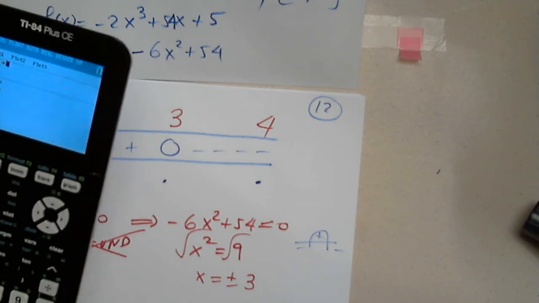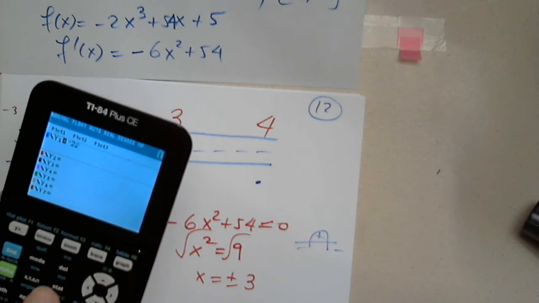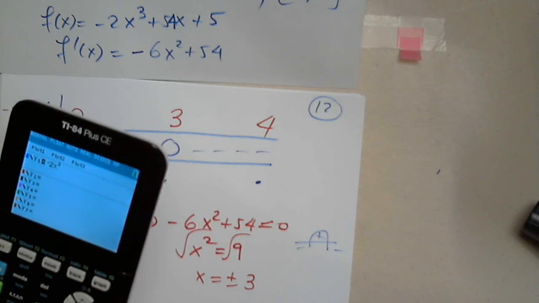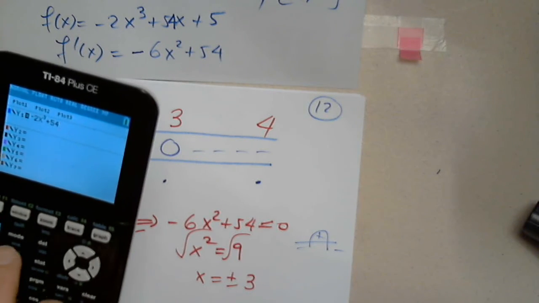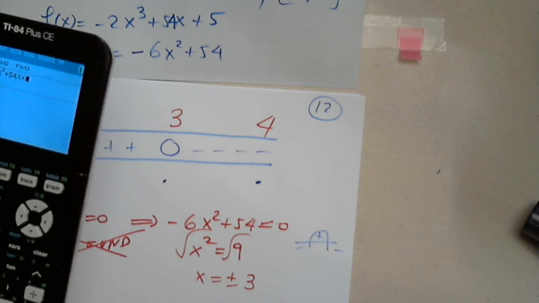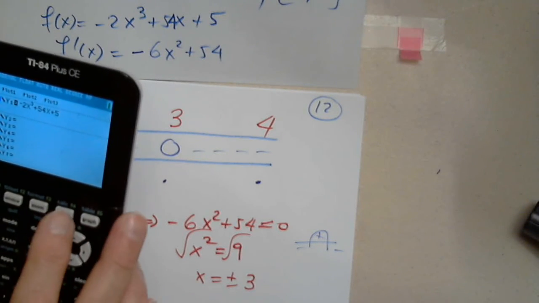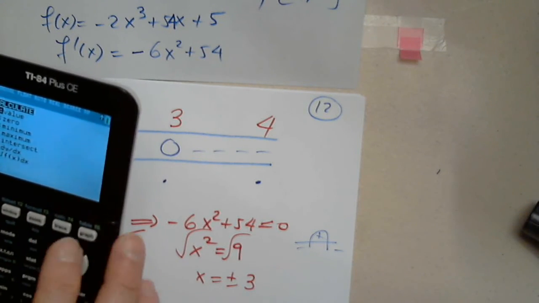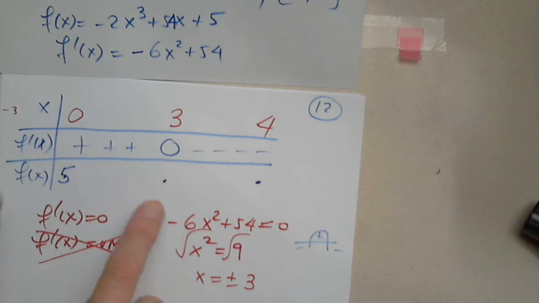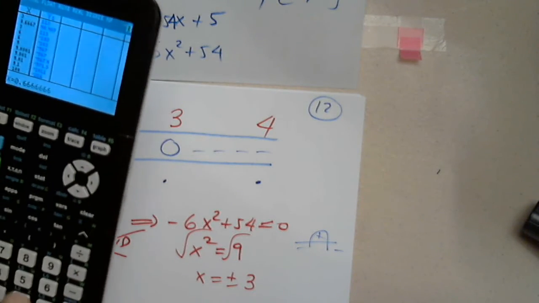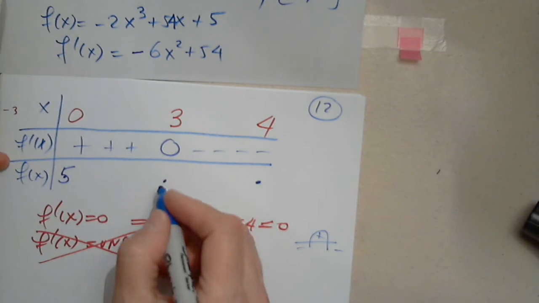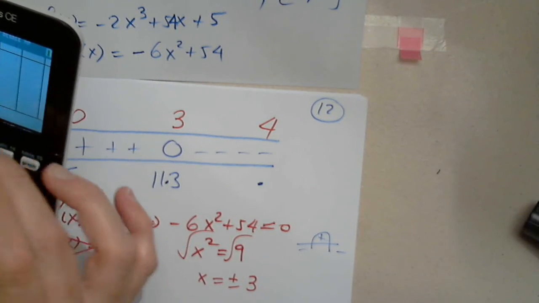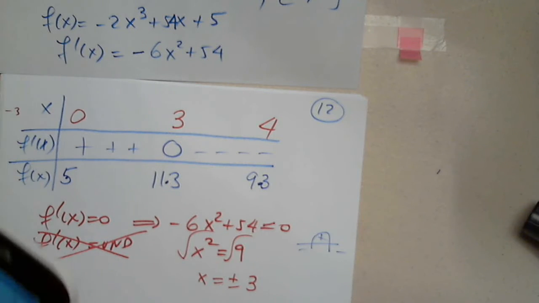So I have negative 2x cubed plus 54x plus 5. I want to plug in 3 and 4. 3, enter, 4, enter. I got 113 for 3, and I got 93 for 4.